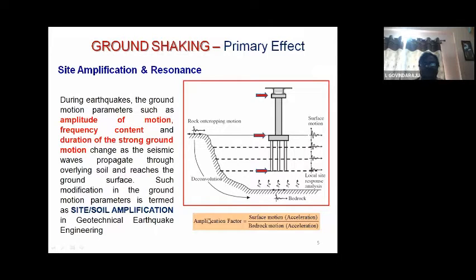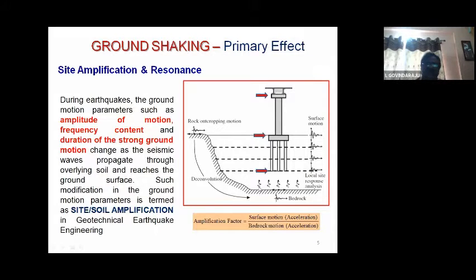So now I can define the amplification factor for the benefit of others. It is the ratio of surface motion to bedrock motion. Please note that when an earthquake travels a far-off distance and is incident at one particular location, it will have, say, acceleration x. When this acceleration passes through the overlying layers and reaches the ground surface, the acceleration gets modified here.